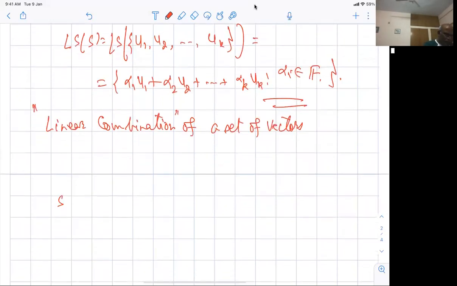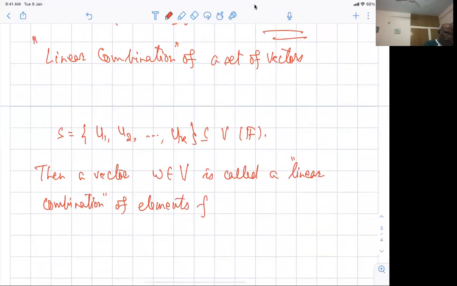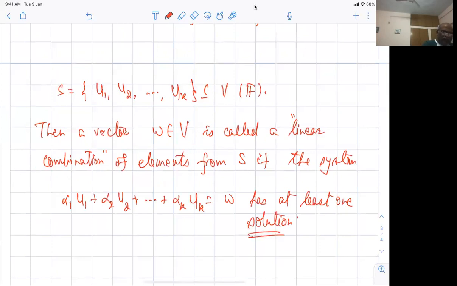I have a set S, or some collection of vectors U1, U2, ..., UK, a subset of V over F. Then a vector W belonging to V is called a linear combination of elements from S if the linear system alpha 1 U1 plus alpha 2 U2 plus ... plus alpha k UK is equal to W has at least one solution. I need to have at least one solution to say that it is this.